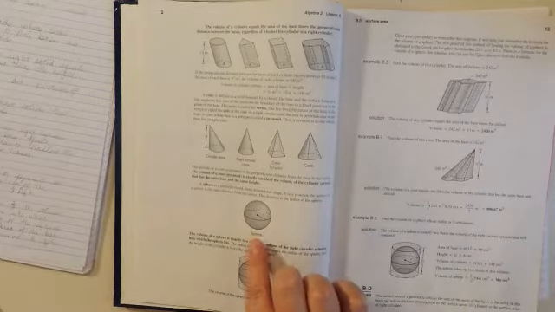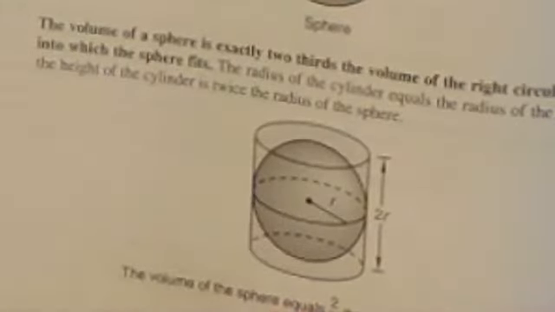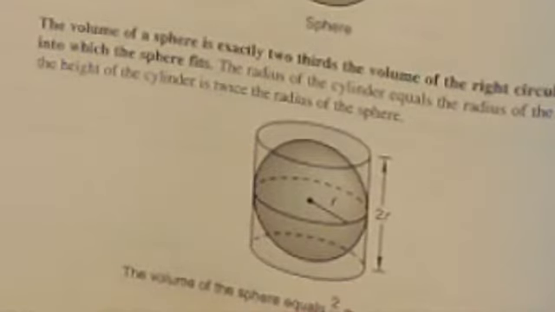If we're talking about a sphere, the volume of the sphere is 2/3 the volume of a right circular cylinder into which the sphere fits.